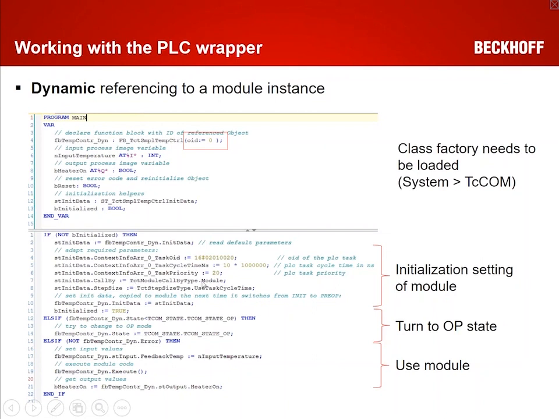You need to say this module is called by a module. And after the initialization, you can turn to op mode. So you say, okay, state, go to op mode. And when I'm in op mode and there's no error, then it's the same like with static referencing. Write inputs, execute, read outputs, and you're done.